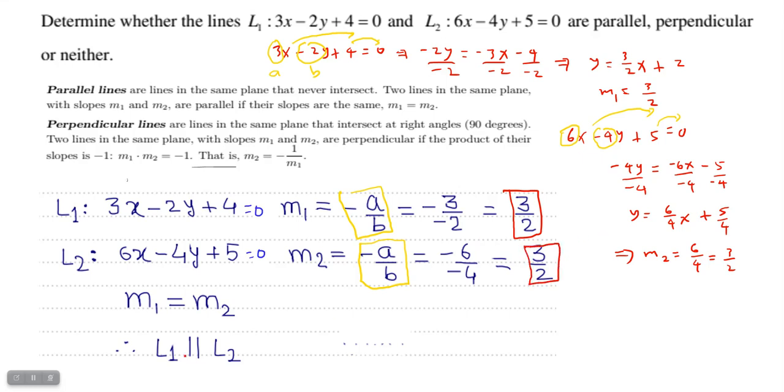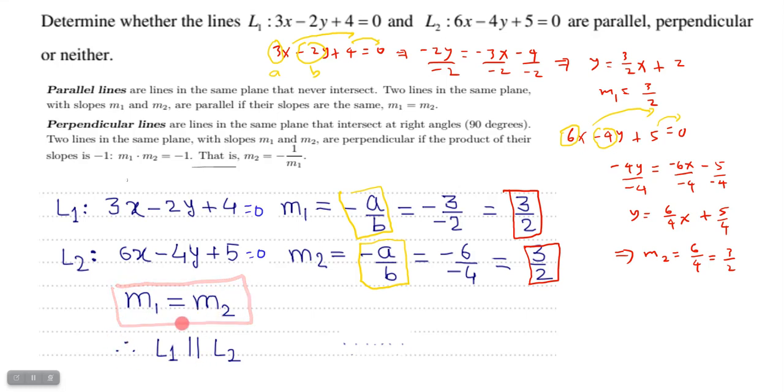So therefore we can say, because they are the same number, m1 equals m2, the two slopes are equal, they are the same, right?